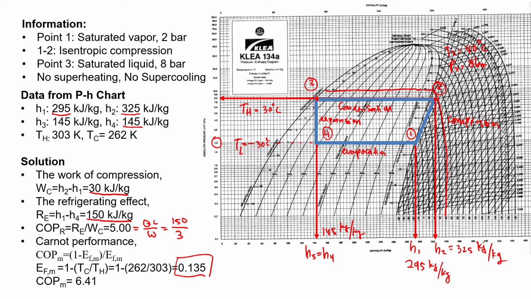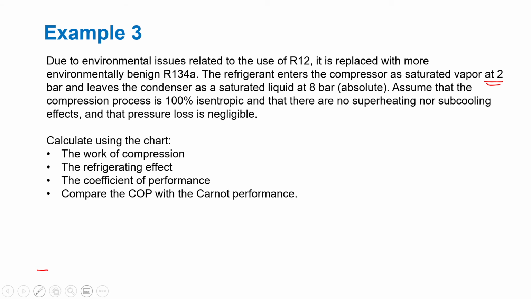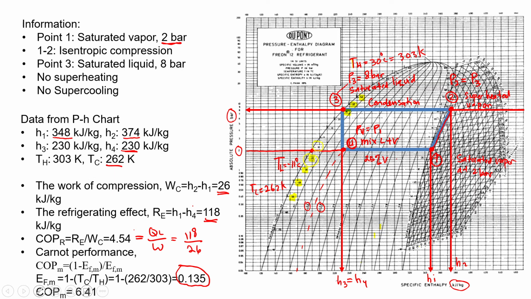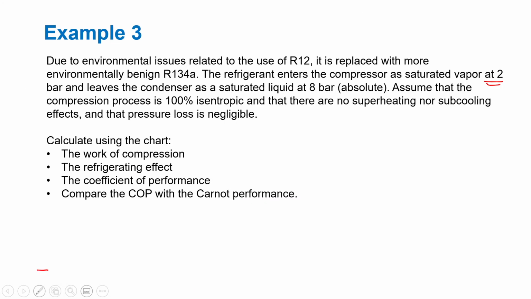You look, irrespective of the refrigerant, if the temperatures TH and TL are the same, it will give you the same performance. What is obvious from this example compared to the previous example is that we have a higher COP here. Here we get a COP of 5, and previously we got a COP of 4.54. What does that mean?